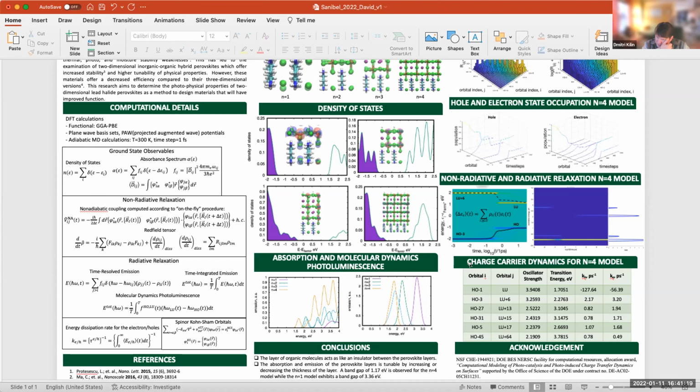Let's return to the previous figure. What is the line width here? It's related to the photoluminescence intensity.